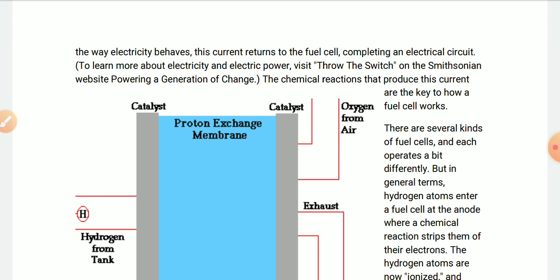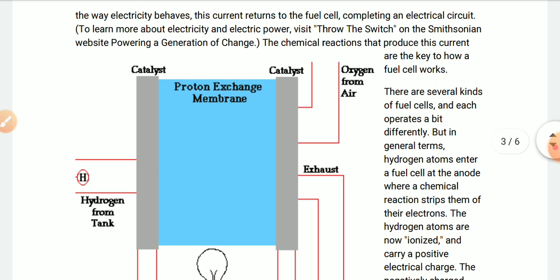The same thing happens on the anode side, in between the anode and the electrolytic material. These catalysts are used to improve the reaction process, so that power can be generated so easily.